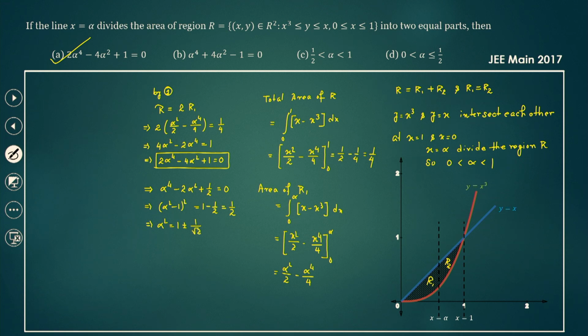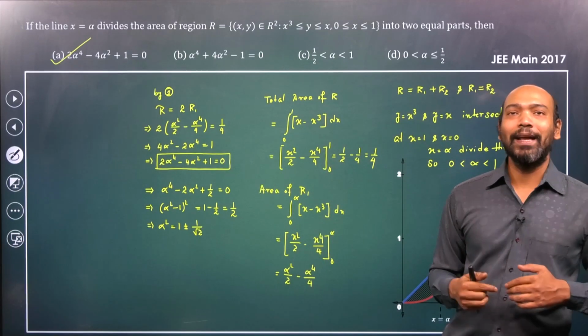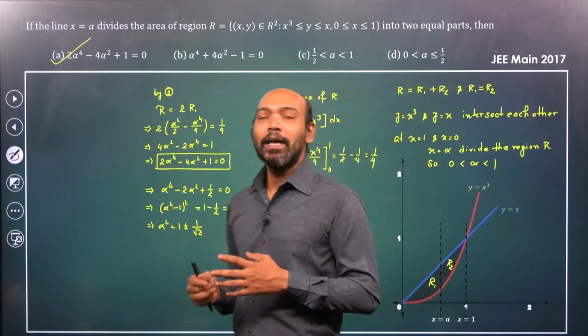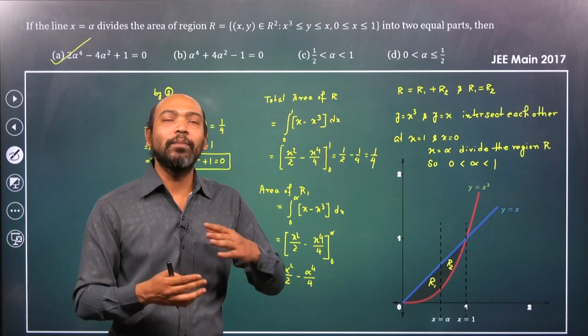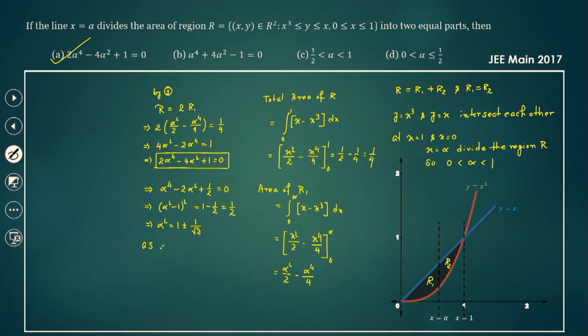Now if I consider 1 plus 1 by root 2, that cannot be considered here. Why? Because if alpha is that, it will be greater than 1. So we'll say alpha belongs to the interval, let's not use interval notation, 0 less than alpha less than 1.